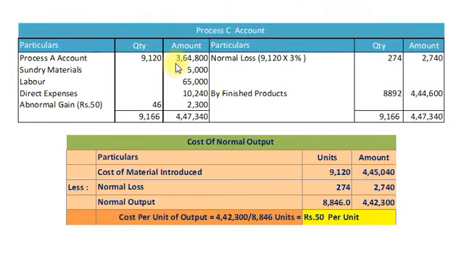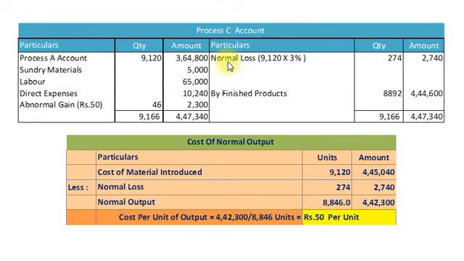Now we will prepare process C account. In process C account, on debit side, first of all we will record quantity transferred from process B. Dear students, by mistake here it is written A, but it is from process B account. 9,120 units and amount 3,64,800, and other cost elements: sundry materials 5,000, labor 65,000, and direct expenses 10,240.